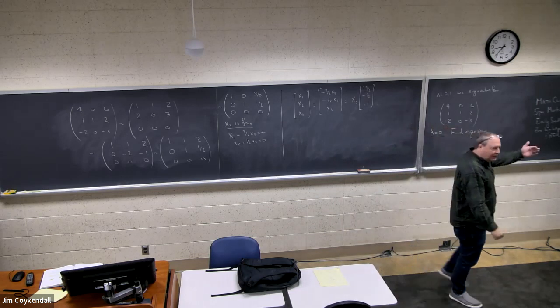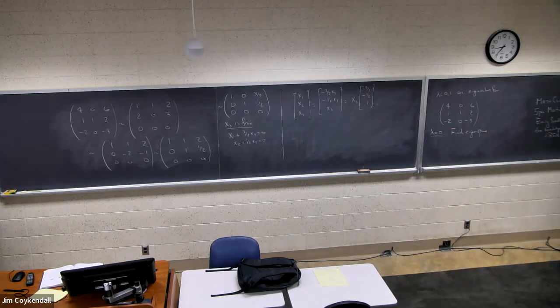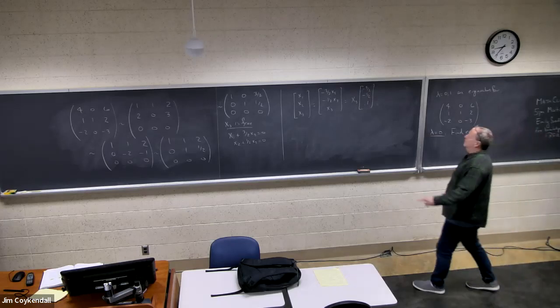Or I could also do minus 3, minus 1, 2, or whatever I would find effective. So the eigenspace is one dimensional and it's spanned by this.